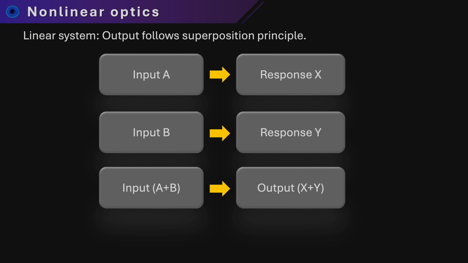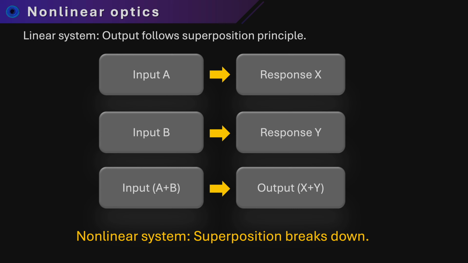On the other hand, if the system is non-linear, things don't add up so neatly. If I put in A plus B, the output is not just X plus Y. New responses will appear, things you couldn't get from either input alone. That's the heart of non-linearity. Now let's bring this idea to optics.